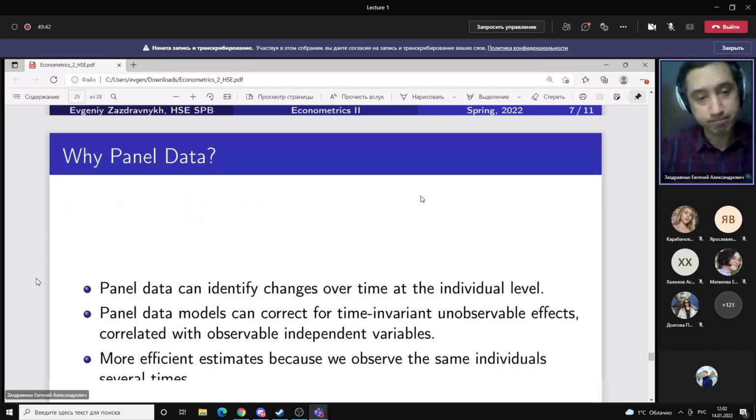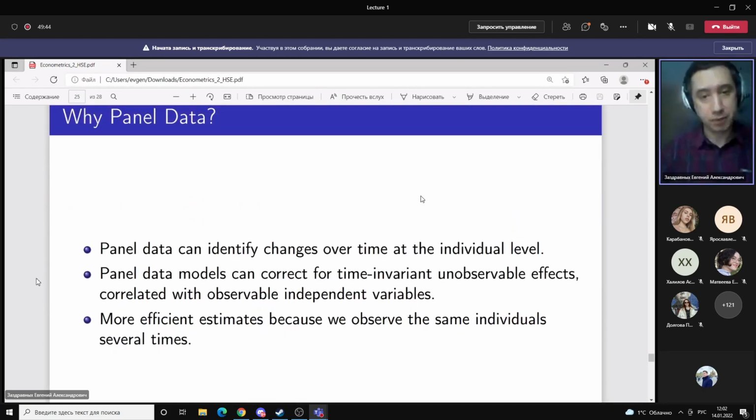Next, why panel data? First of all, panel data could solve the omitted variable problem, but moreover, it can give us more interesting information about the phenomena studied. First of all, we can identify changes over time at the individual level, not the aggregate level. Next, we can correct for time-invariant unobservable effects correlated with observable independent variables, so we can solve omitted variable problems.